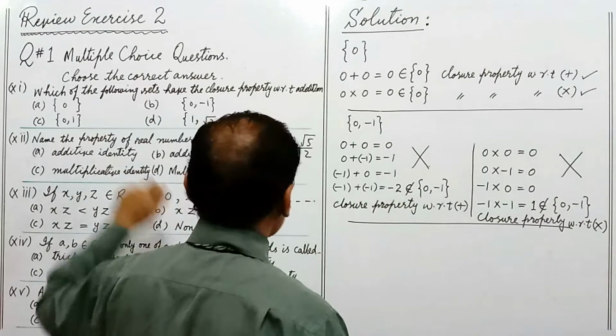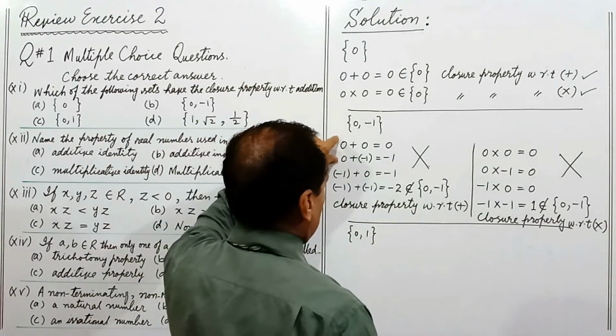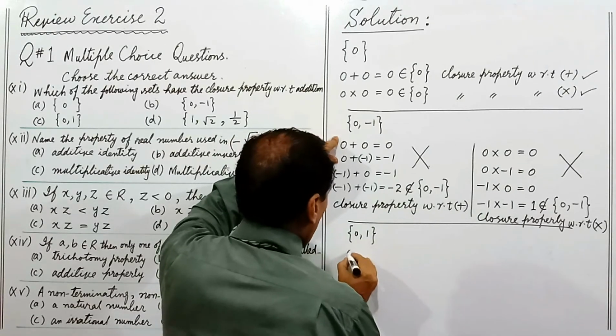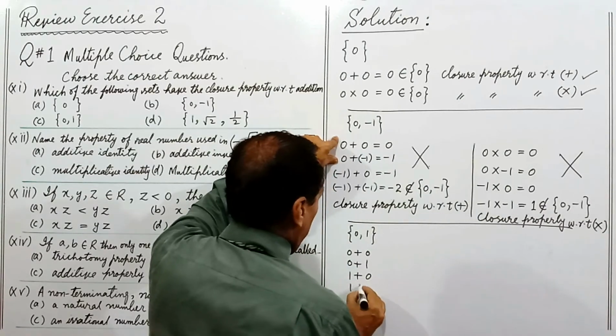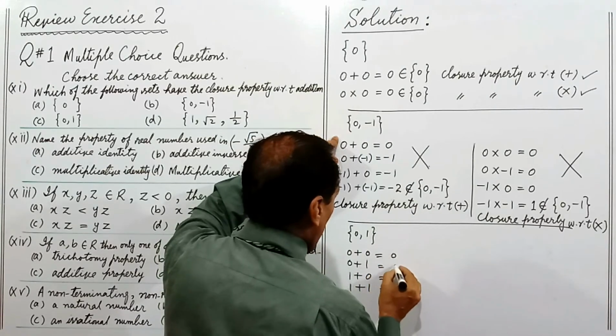We take the third set, and that is 0, 1. We do the same process which we did in the second part. 0 plus 0, 0 plus 1, 1 plus 0, and 1 plus 1. And what we observe in the result, we get 0, 1, 1, and 2.